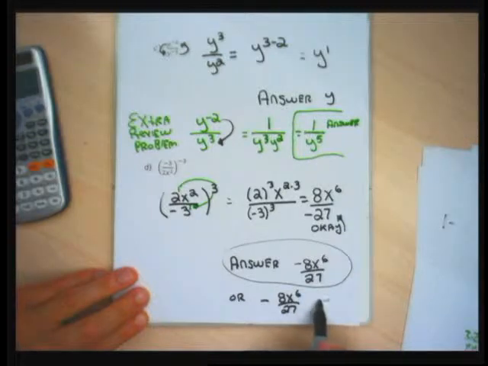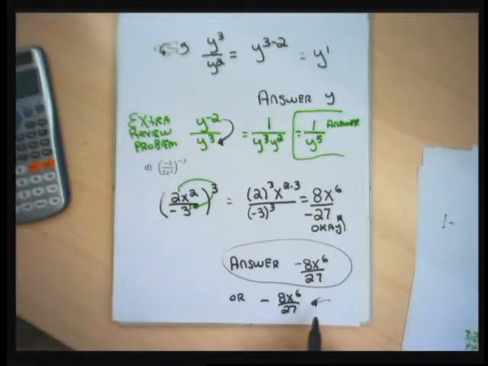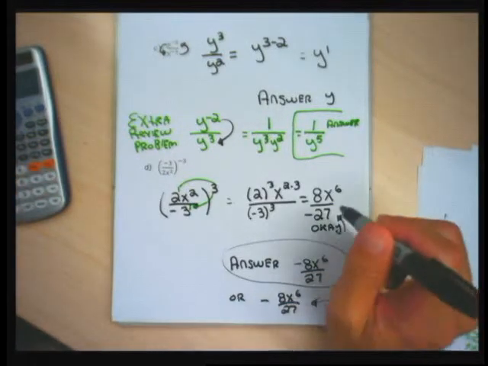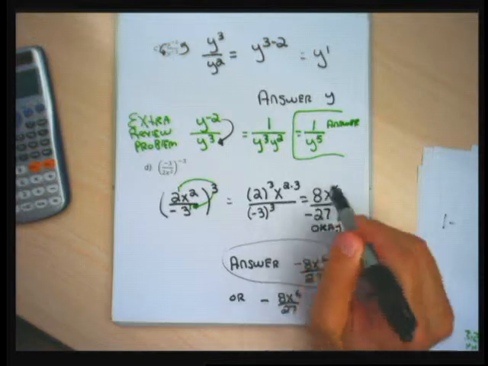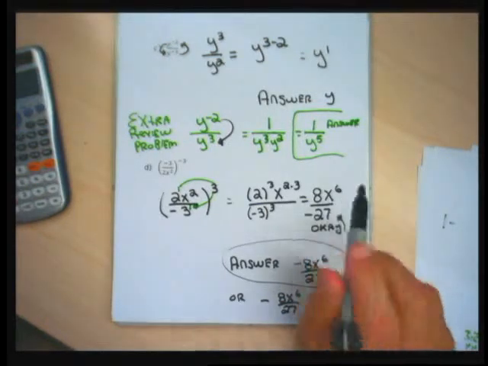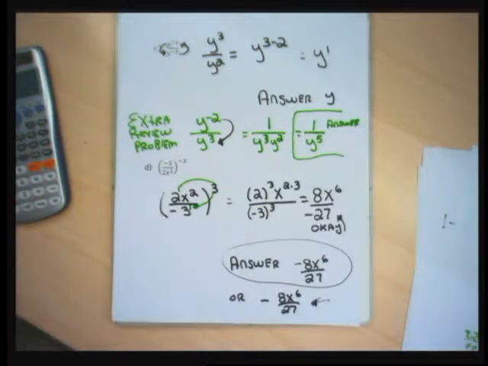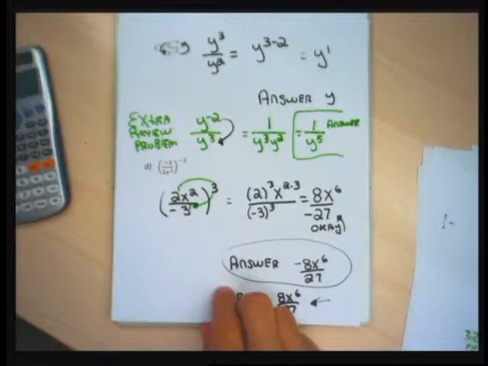A lot of texts would write that one. For whatever reason, they write negatives to the left of fractions rather than attaching them to the numerator or the denominator. And the least desirable, but you'd get full credit for, is leaving the negative in the denominator. It's just not common to leave a negative monomial or single negative number in a denominator when you don't have to.